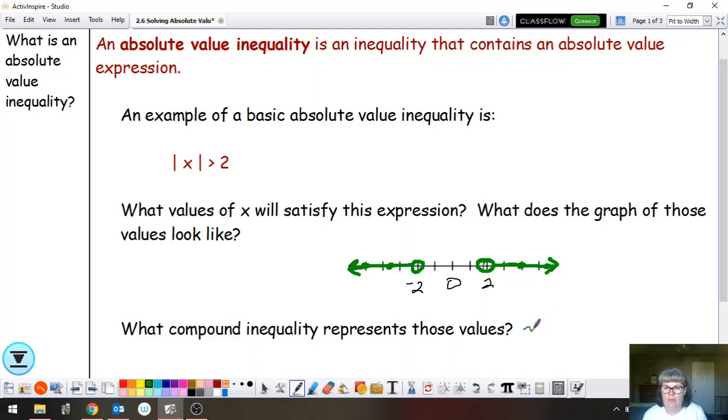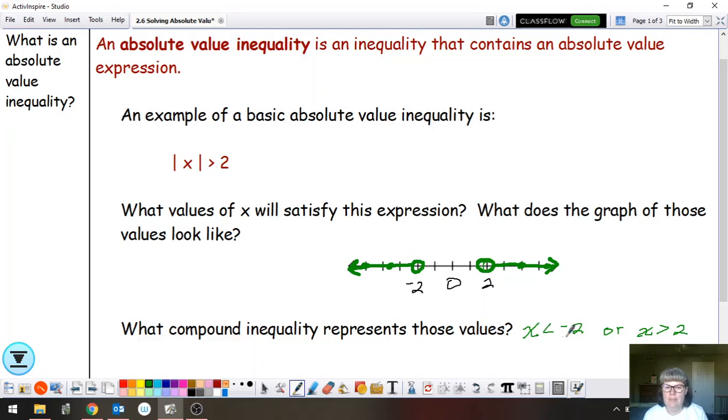So when I write the compound inequality for this graph, I have x is less than negative 2 or x is greater than 2. So when we solve these, we're not going to write that sandwich that I mentioned with the ands. We're going to write two separate individual inequalities separated by the word or.